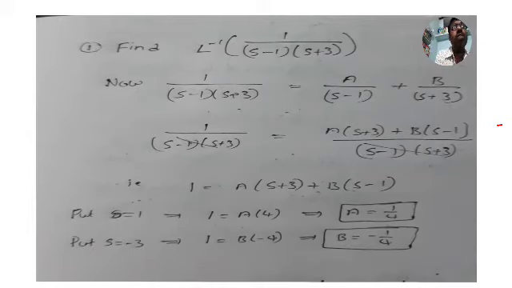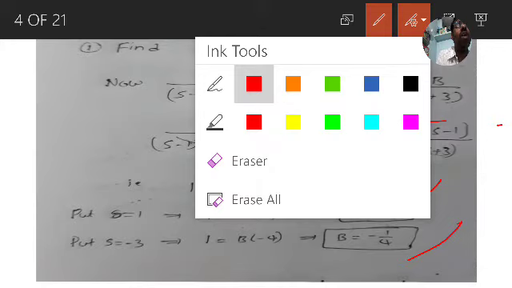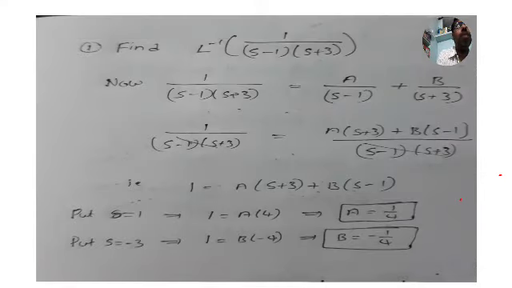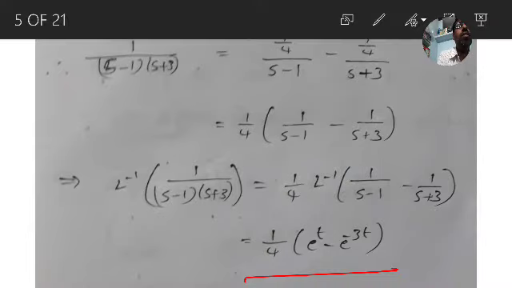Using partial fractions we find the A value and B value, substitute them, then apply the inverse Laplace transform, and you get the answer. So very easy.